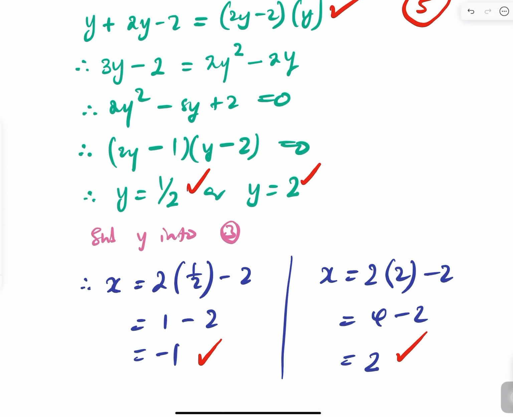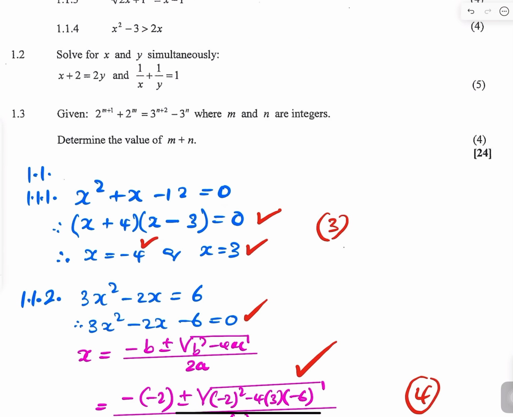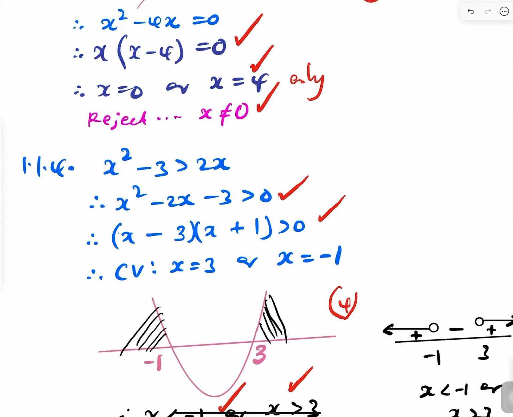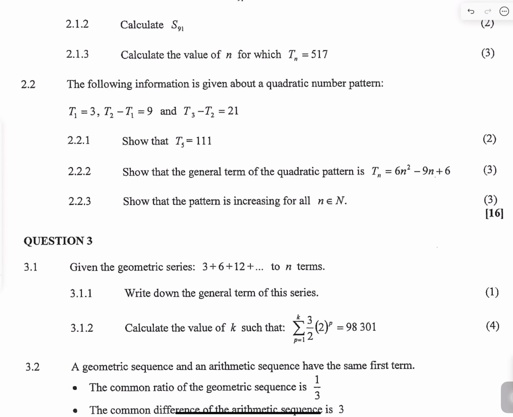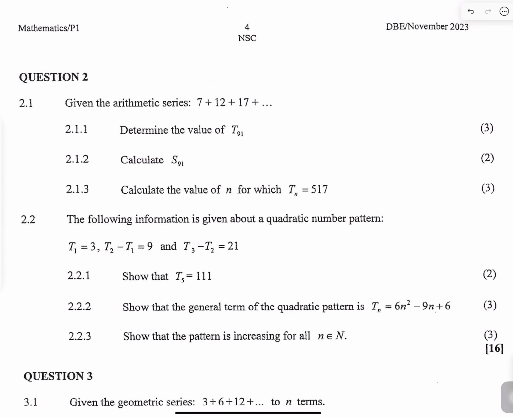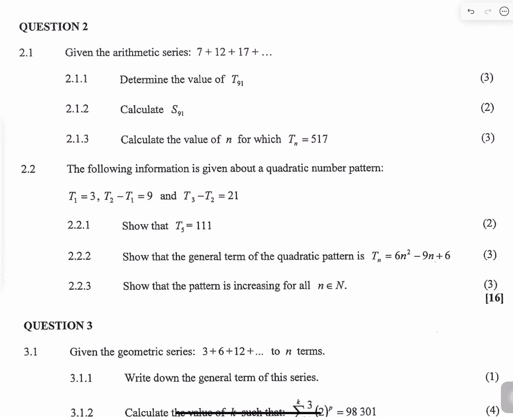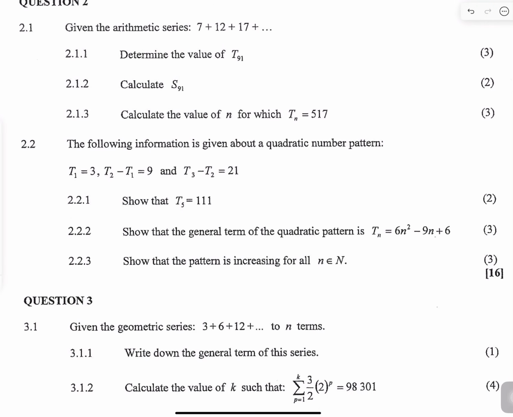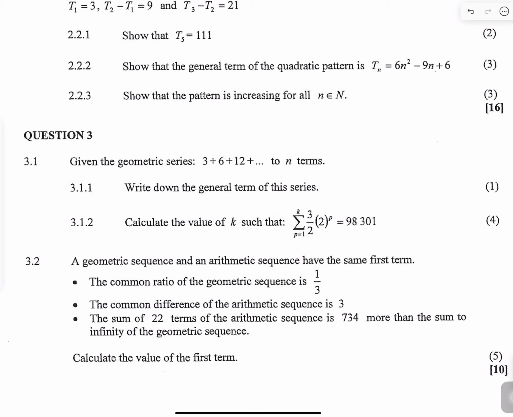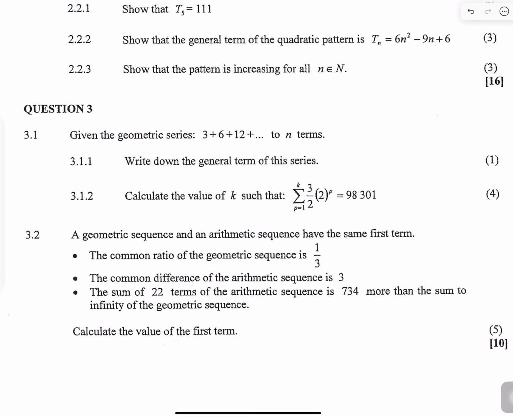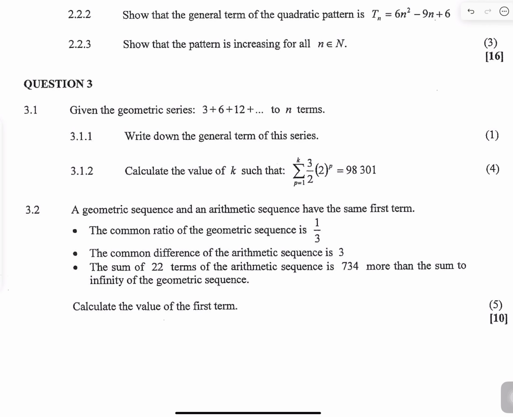So let me do the other questions as soon as I have time. So I have the full paper. This was number pattern, so it's going to be my next series. Please stay tuned. Question 2, I'm going to do it with question 3 because they fall under one band of number patterns, your series, the geometric series and your arithmetic series there.